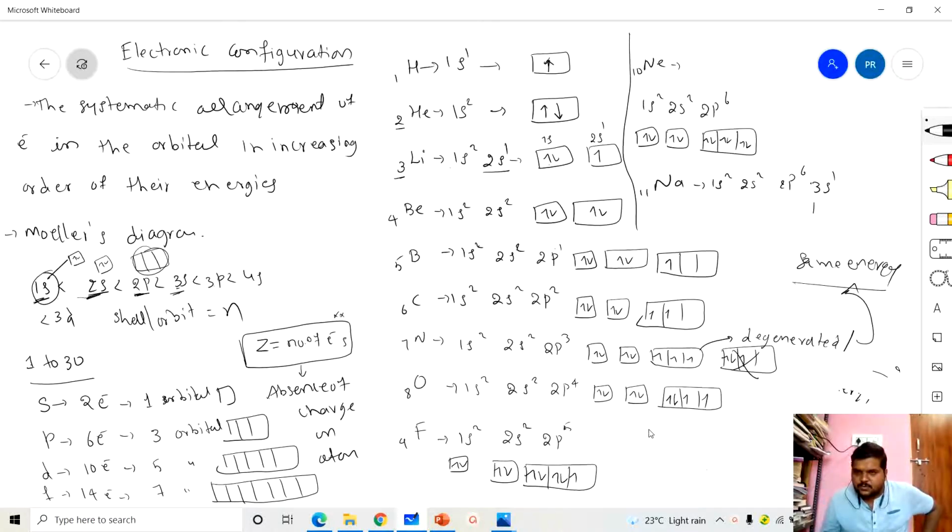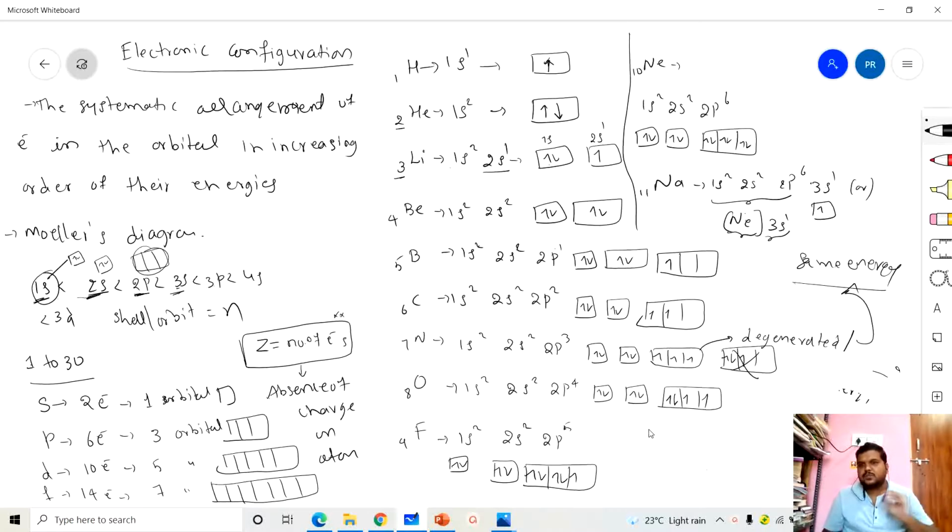So 3s1. Sometimes they may give it as neon, like this: 1s2, 2s2, 2p6, 3s1, or [Ne] 3s1. Why? Because neon indicates the neon electronic configuration first, then 3s1.